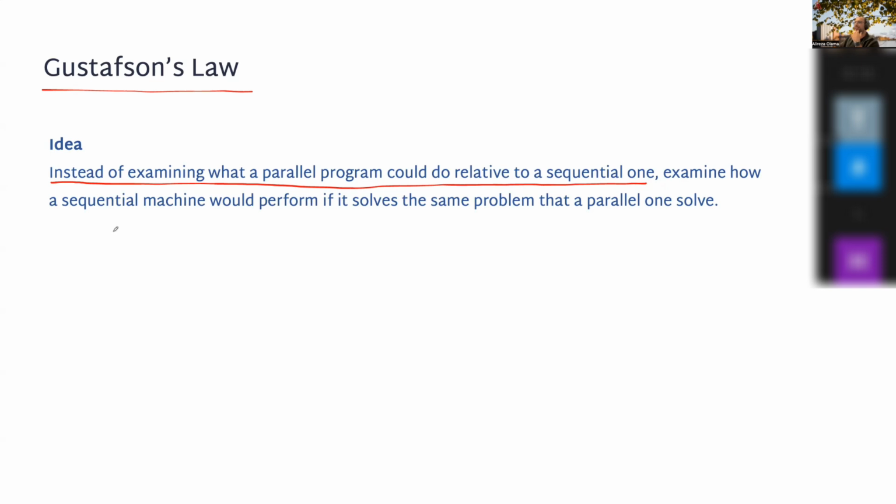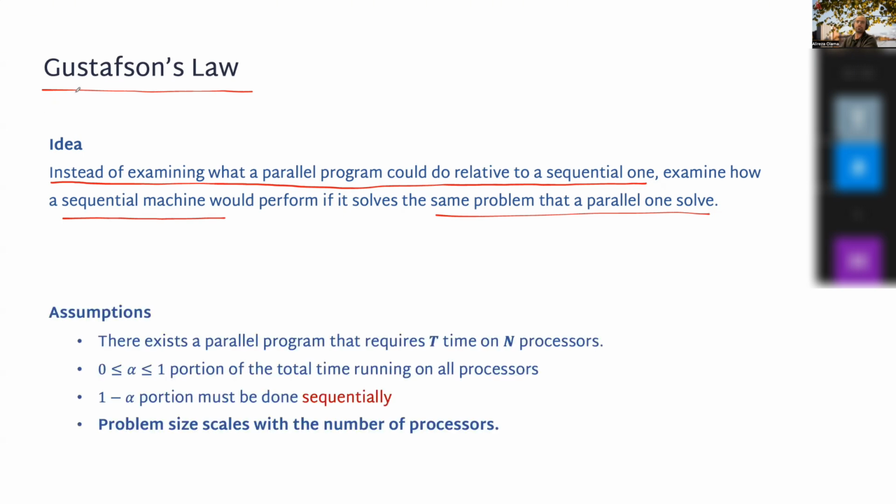We examine a sequential machine, and check how a sequential machine would perform if it wants to solve the same problem as the parallel one. In Amdahl's law, you have a sequential program and you want to know how a parallel program will behave, what the speedup is. In this law, we do it the other way around: we assume a parallel program that takes some time, and we want to know how a sequential program behaves. So now we have different assumptions.